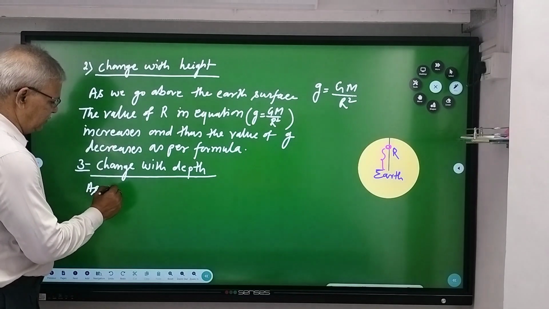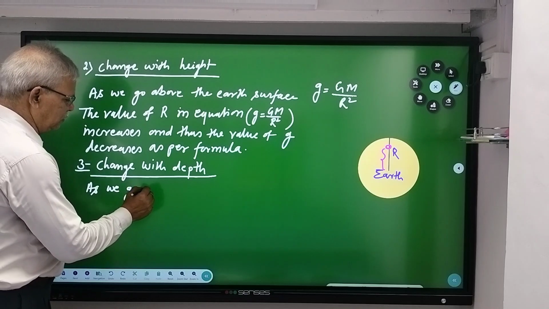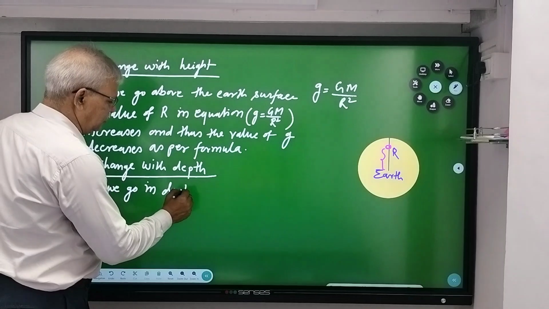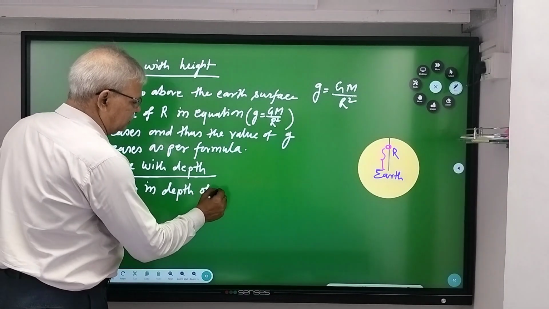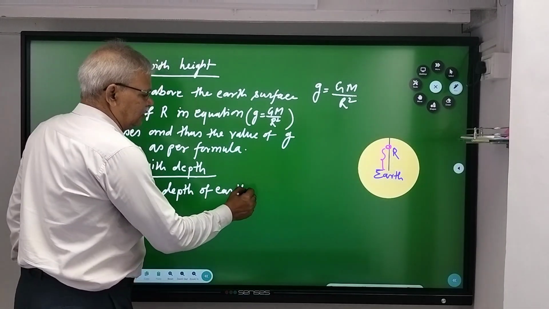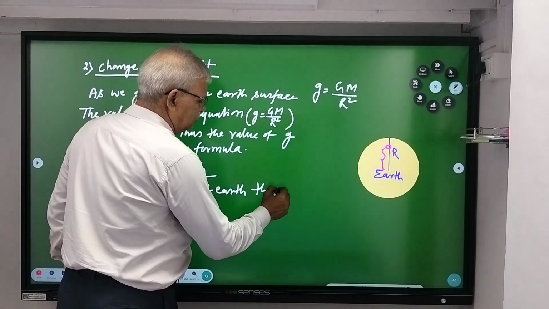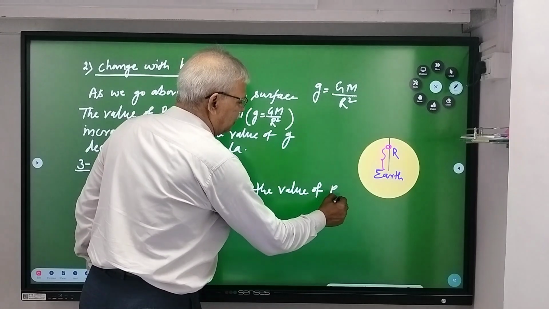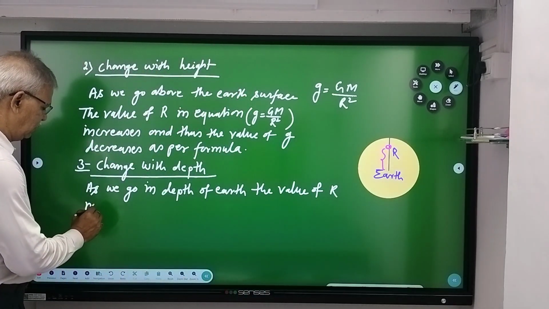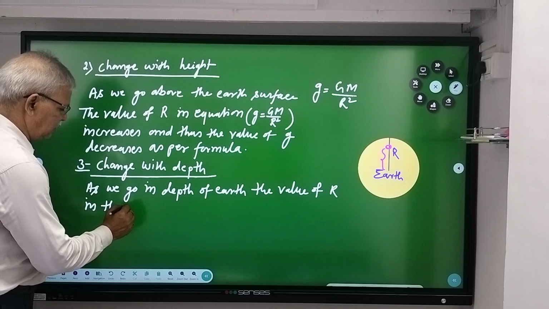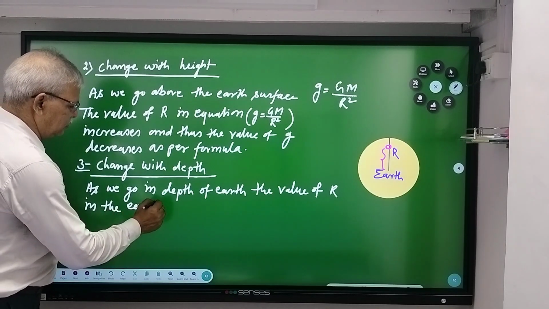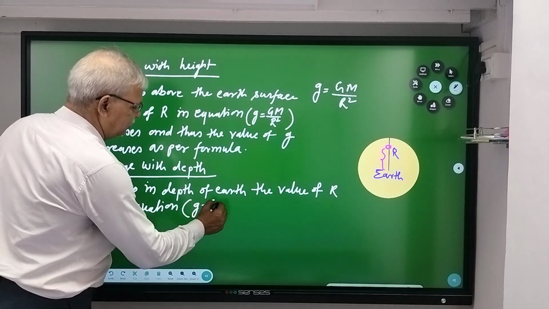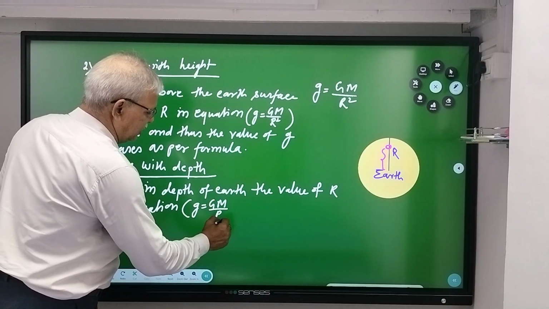Here, I am writing here. As we go in depth, the value of R in the equation, which equation? G is equal to capital G M upon R square.